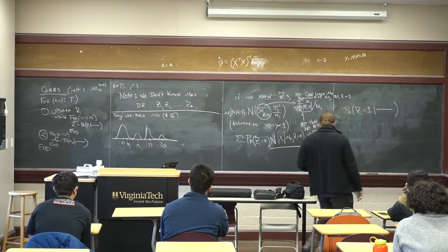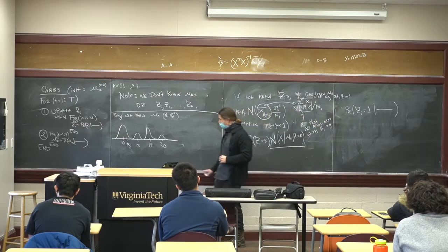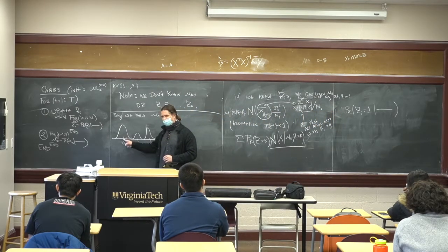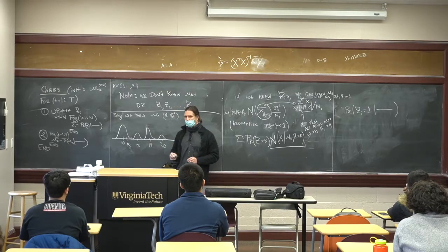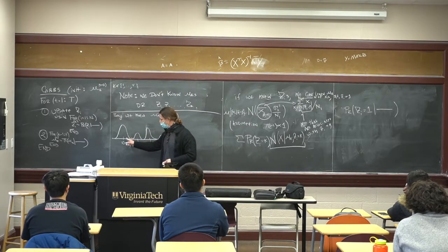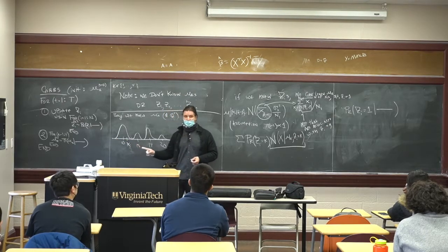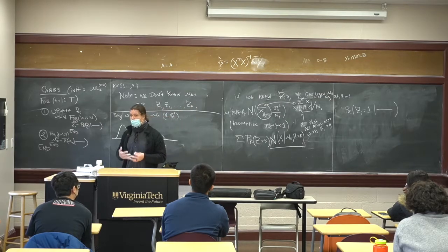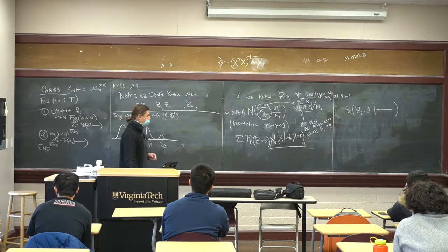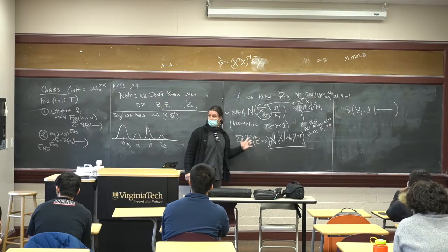For you to answer this question right here of which component do you think that's in, Warren said 1. A lot of you did. It's in the first component. You didn't need to know where all the other data was to answer that question because you know what the mu's are. That confuses you. Where does all the other data come into play? It comes into play in learning the mu's.